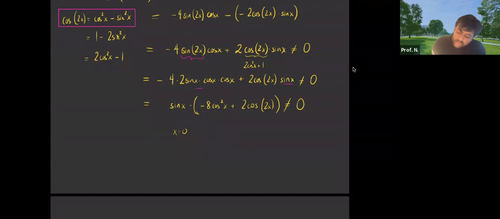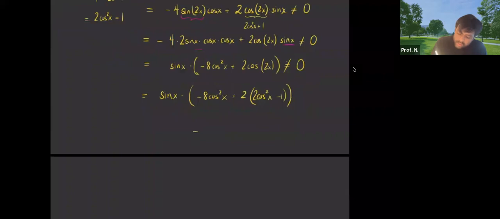So what I'm going to do is write it this way. Sine of x times -8 cosine squared x plus 2 times (2 cosine squared x minus 1). This would be -8 cosine squared x plus 4 cosine squared x minus 1, minus 2.